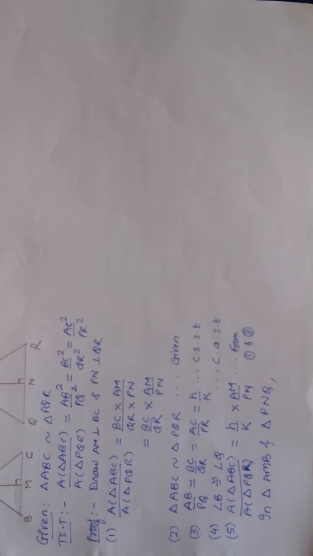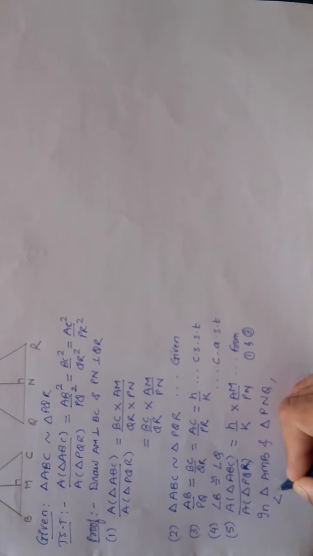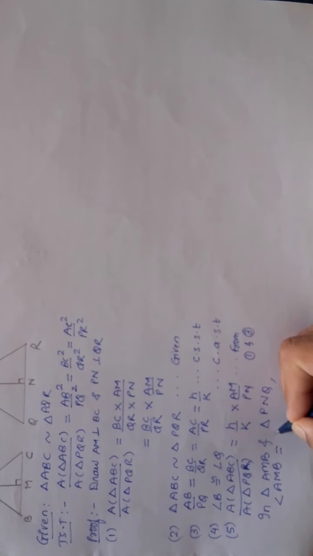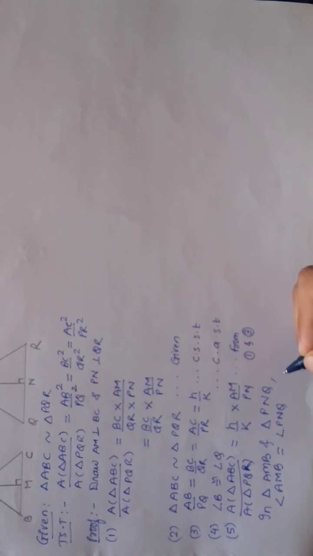You may not be able to see the whole figure, but you can see one right angle already present, so I am writing it here. That is, angle AMB is 90 degrees, equal to angle PNQ, which is also 90 degrees. Each is 90 degrees.